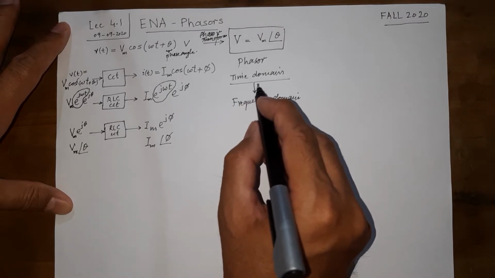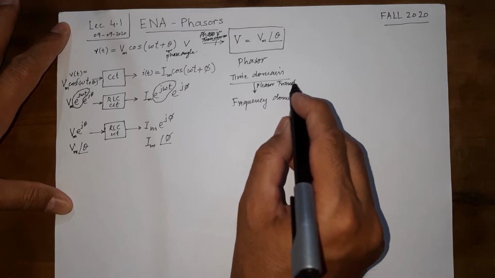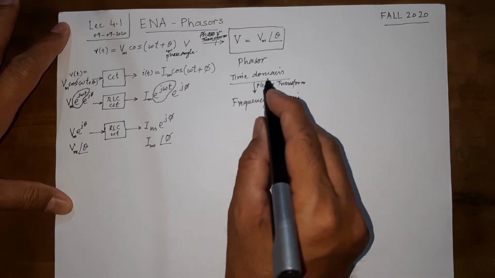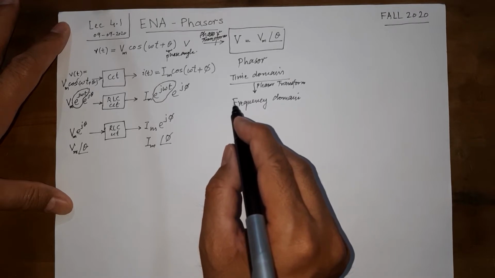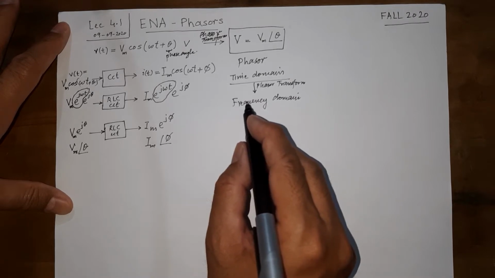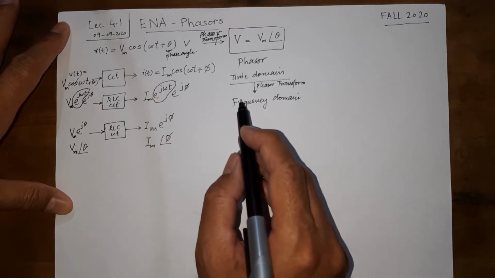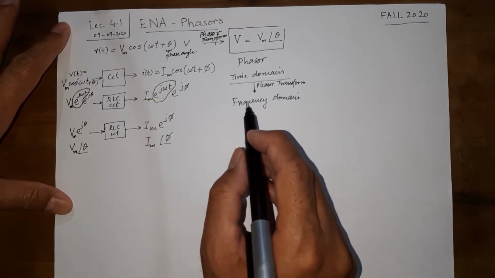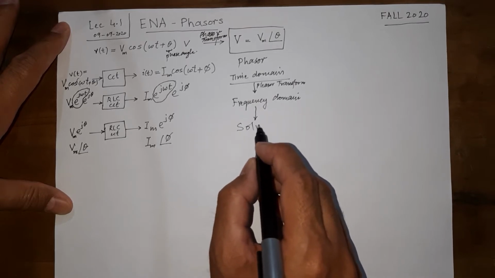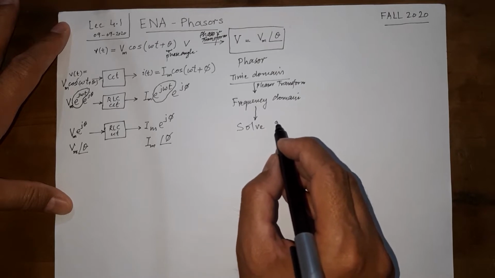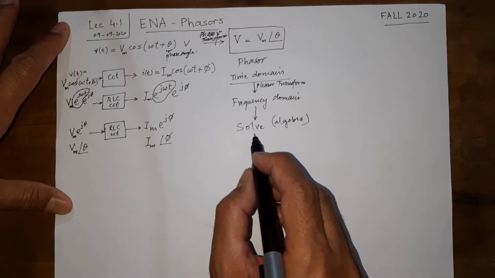By using the phasor transform, we convert everything from the time domain to the corresponding quantity in the frequency domain, so the sinusoids are converted to the corresponding phasors, and in the frequency domain is where we solve the circuit using algebra, where the coefficients are complex numbers.